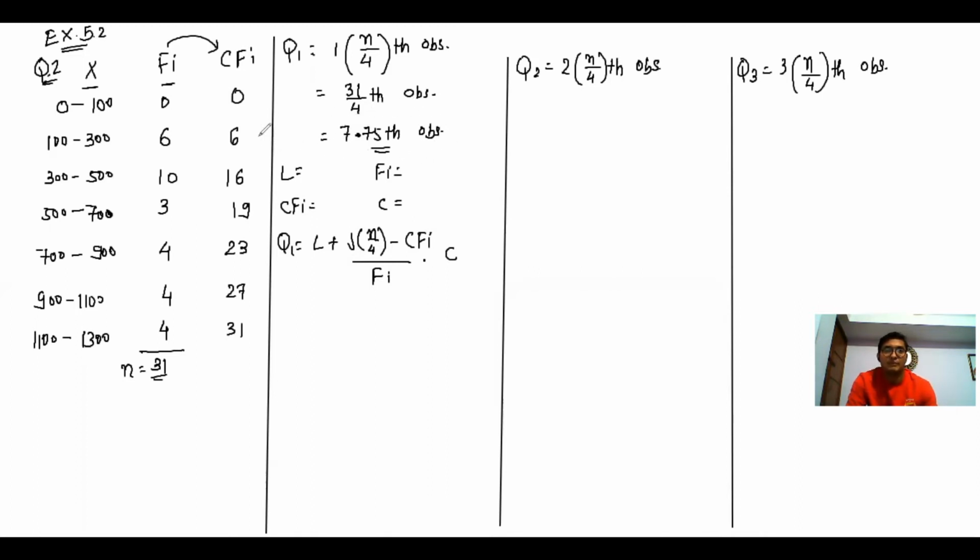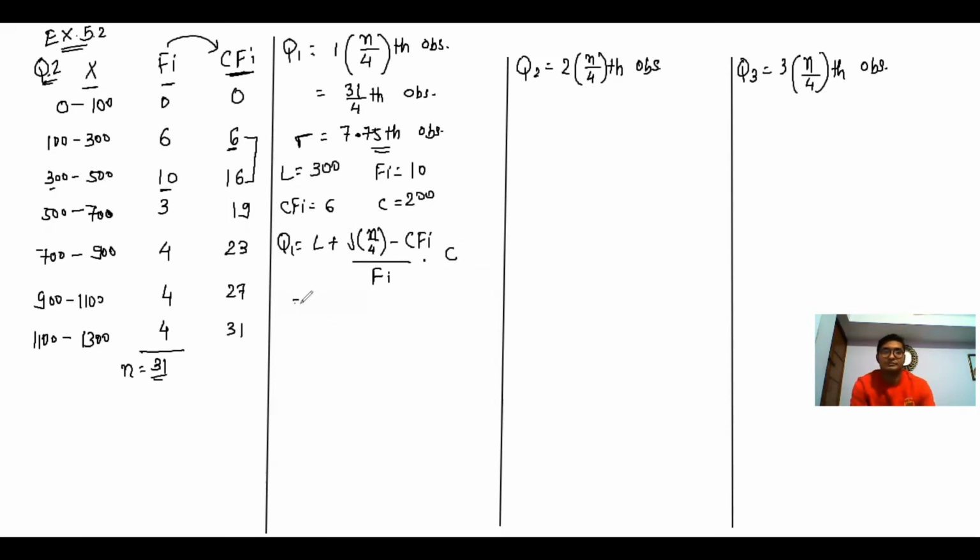We have to check this value in the CF column, and it is between 6 and 16. So the value of CF is 6, Fi is 10, L is 300, and the difference C is 200.